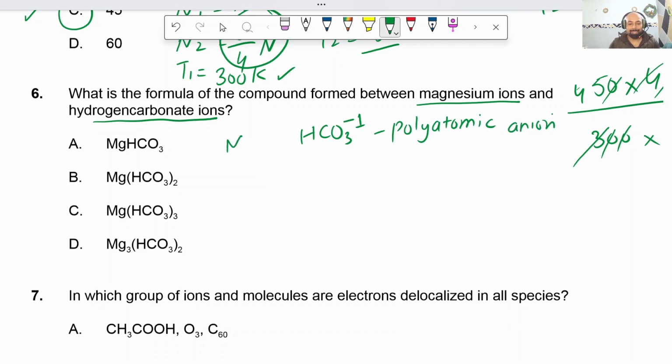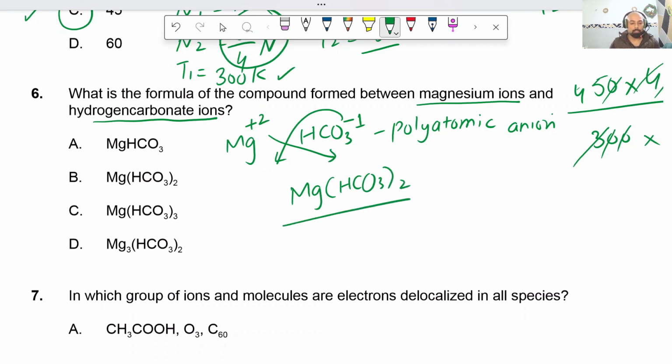And you have magnesium, and we know that magnesium belongs to group 2 of the table, and it has a charge of +2 because it will donate 2 electrons to form stable electronic configuration. So when we just interchange their charges, what do we get? We'll be getting Mg(HCO3)2. So the right option is B.